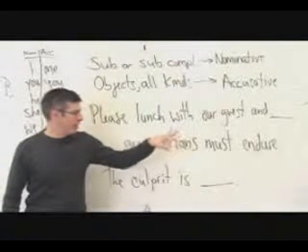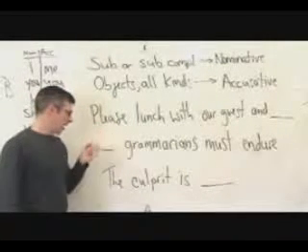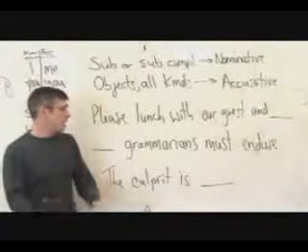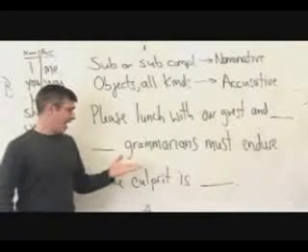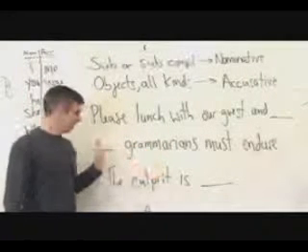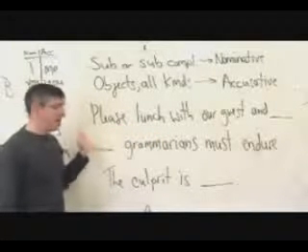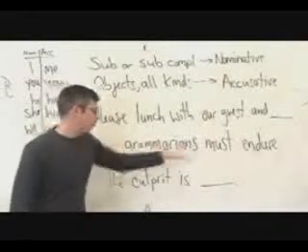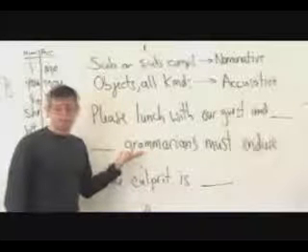Blank grammarians must endure. So the question here, supposing it were the first person plural, is it we grammarians must endure or us grammarians must endure? And the answer comes by looking at what this thing does in the sentence. It is functioning as the subject. Must is the verb, and blank grammarians is the subject.